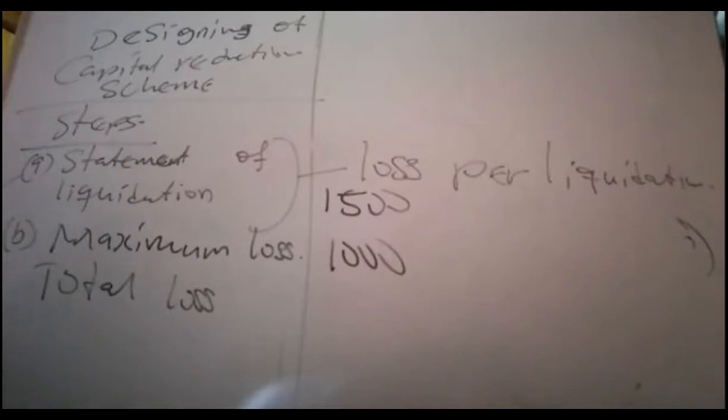Then make the decision. If the business belongs to you, you are the director or the manager. Which position are you going to select? Are you going to liquidate and incur 1,005, or you are going to do reconstruction or recapitalize or revive to get a loss of 1,000 Ghana? What will you do?